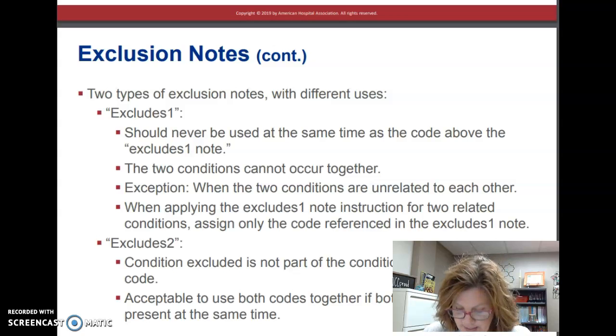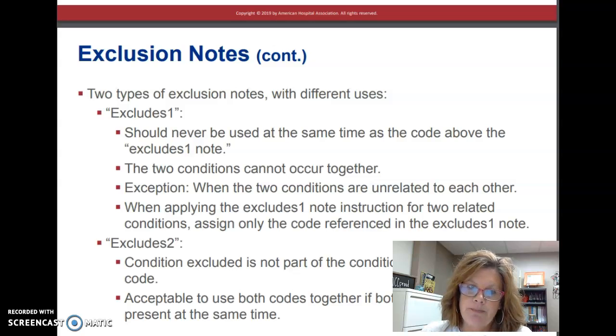If I look at the Excludes2 here, and I have a diagnosis of age-related osteoporosis with current pathological fracture, M80.0, and there's a personal history of osteoporosis fracture, I should use that Z code too. So again, you use them both.